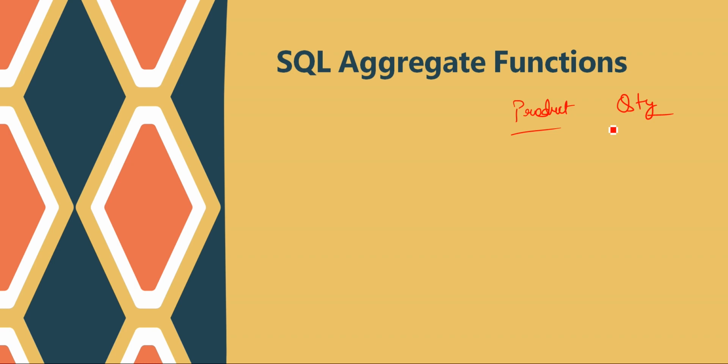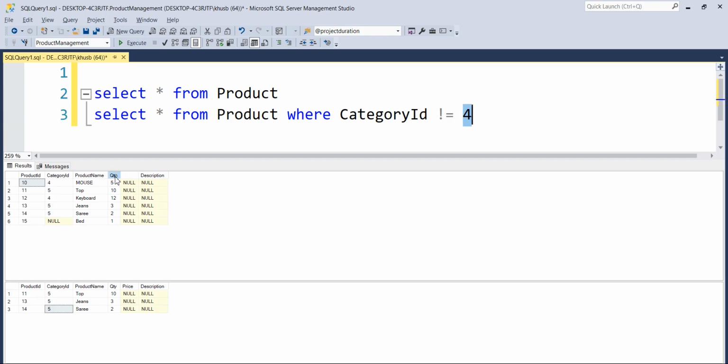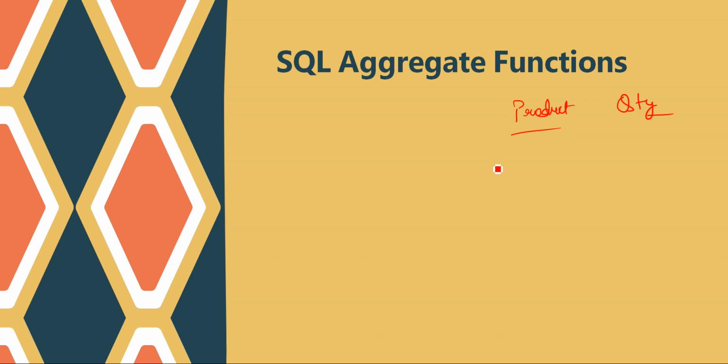So let's say I want to see which product has the highest quantity. In this case, as you can see, this product top has a quantity of 10, right? So is this the highest one, or this one? Obviously this keyboard is the highest one, 12 maximum. So basically what I want to see is the maximum quantity. Which product has the maximum quantity?